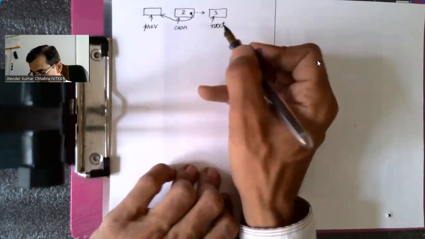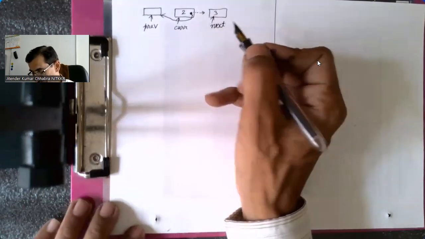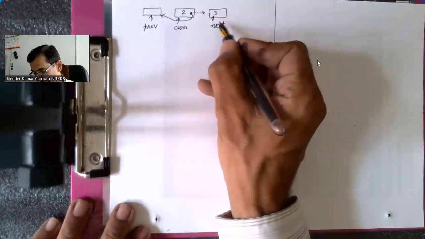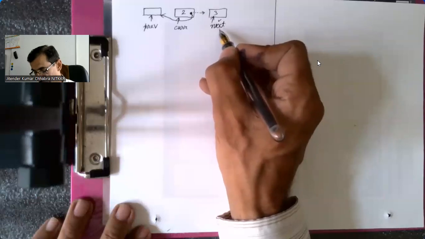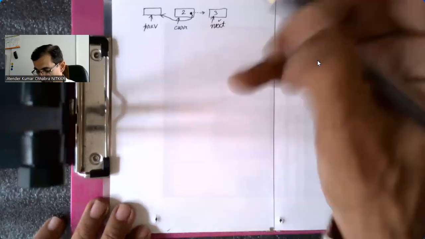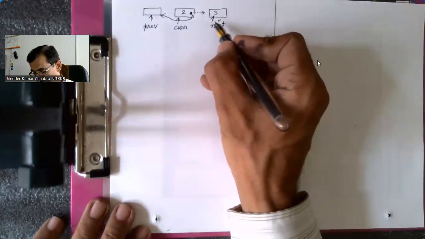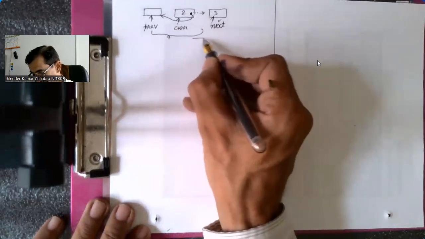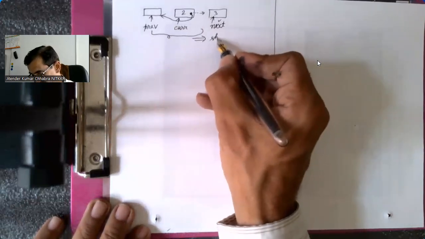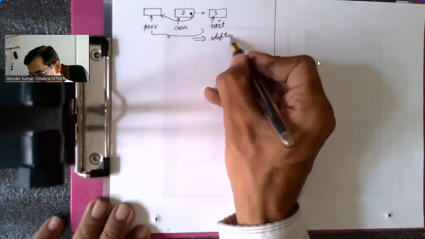In a singly linked list, we have used the word link for the structure, so the word next you can use. If you are using a doubly linked list, the word next we have already used, so we should not use next as a variable name again, because that is normally confusing. So I will effectively use these 3 pointers, which ultimately are to be shifted forward, and then keep on repeating.